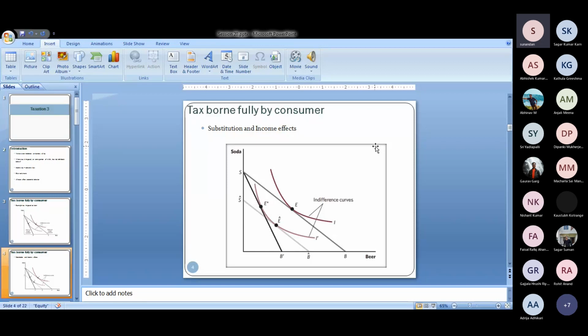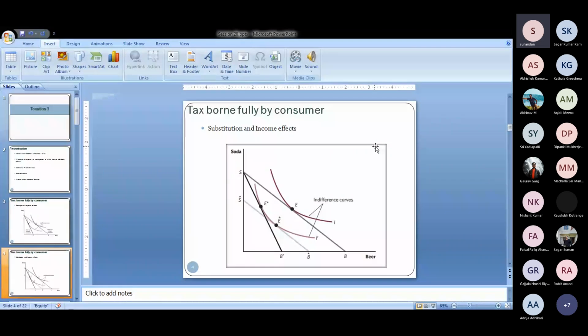Now, the question that we need to ask is what type of tax structure one should consider while doing this analysis. So we start with this idea that the tax which is being imposed, suppose the tax on beer, is fully shifted forward and the consumer bears the entire burden of it.